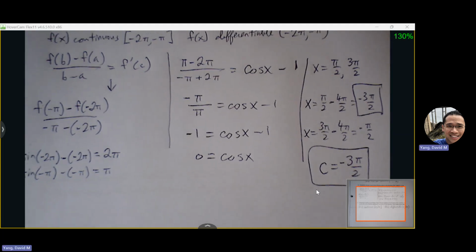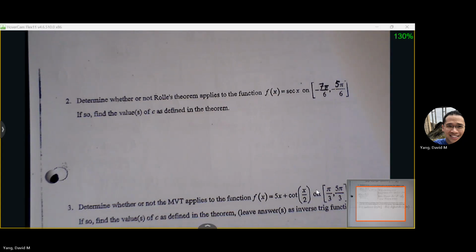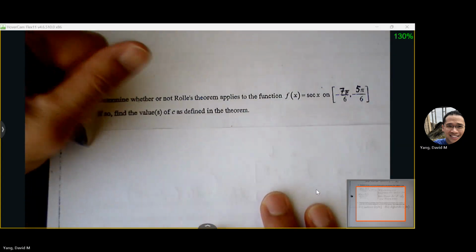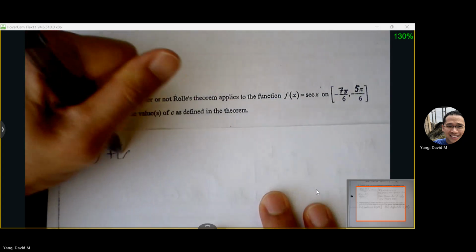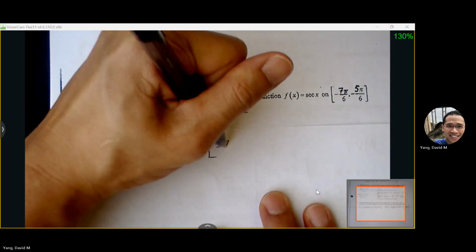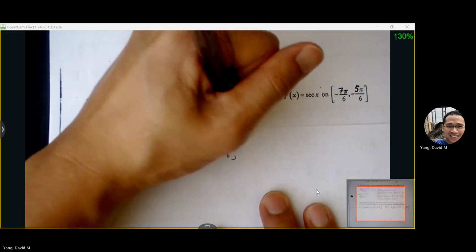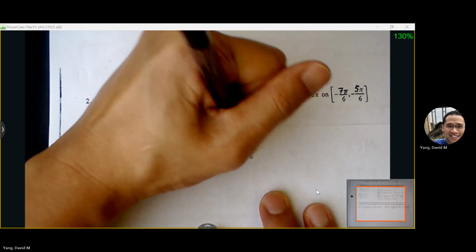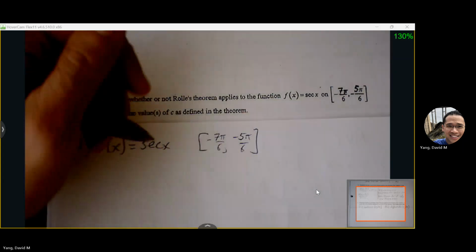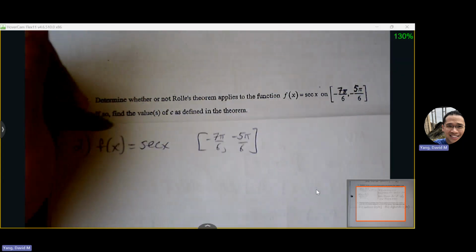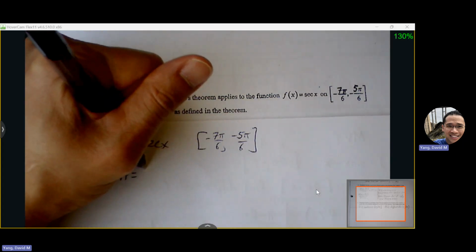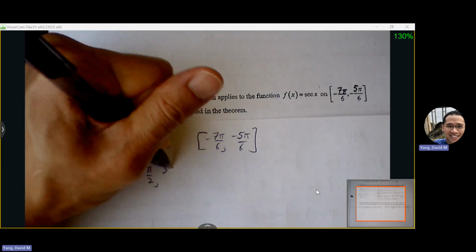Okay, number 2, Rolle's theorem. Now we talked about how secant has an asymptote wherever cosine is 0. So vertical asymptote at pi over 2, 3 pi over 2.